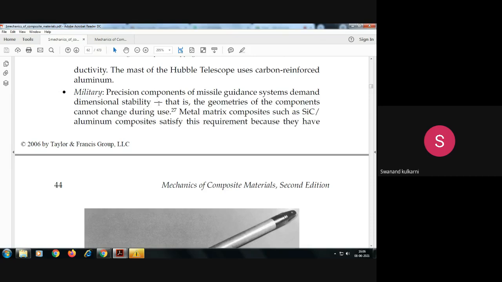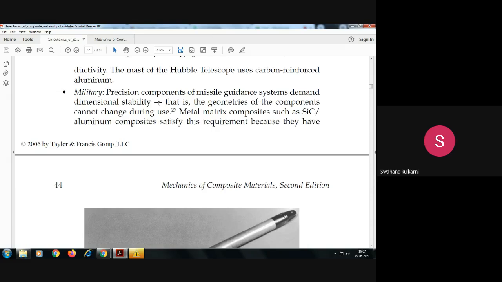Then in military applications, in missile guidance systems, high dimensional stability is required. This means the dimensions should not change with higher temperature or with lower temperature. So that dimensional stability is required.